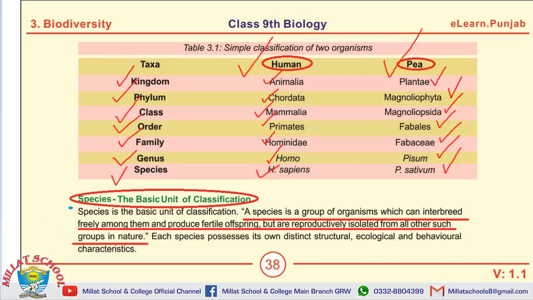There are some MCQs on this page. All the taxa which we have discussed for the short question about the classification of human and pea can be selected as well for MCQs.